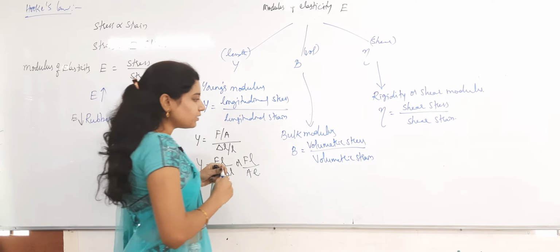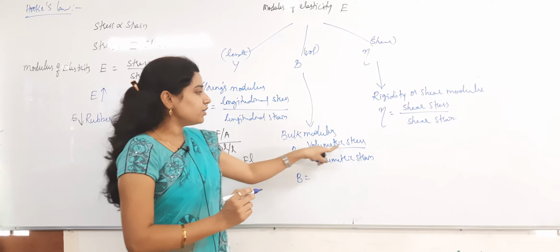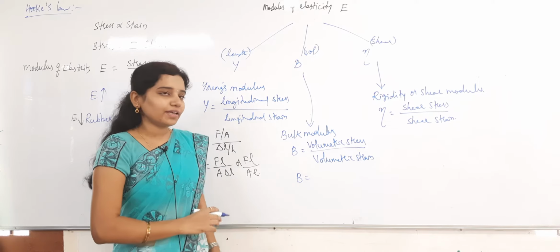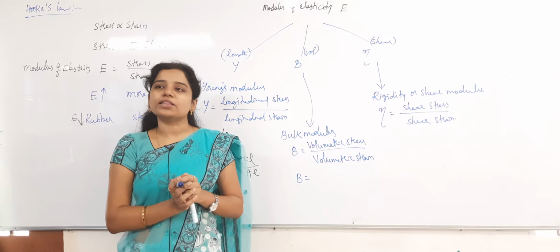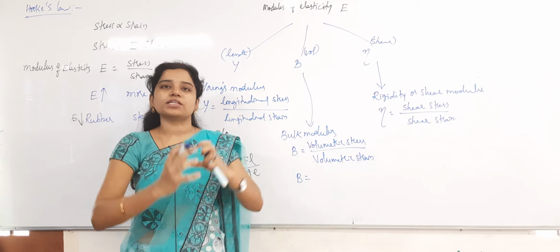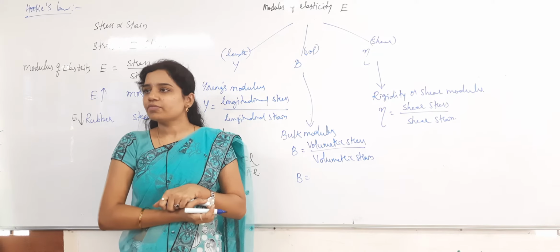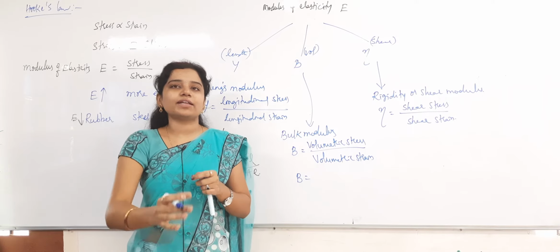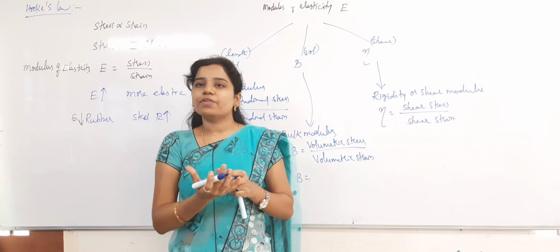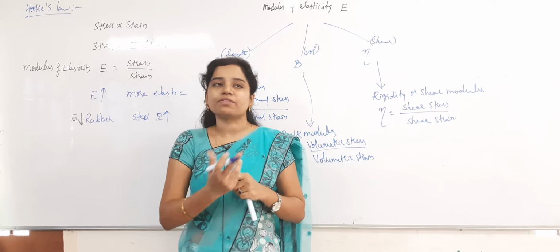Whenever you come to the bulk modulus B is equals to, what is the volumetric stress formula? Force by area. Force by area is acting in one direction or all the directions? All the directions. Whenever force is acting from all the directions, what is getting developed in the body? Pressure. Force is acting only one side, nothing but at that time stress will be there or tension will be developed in the body. Whenever force is acting from all the directions, at that time pressure will be developed.